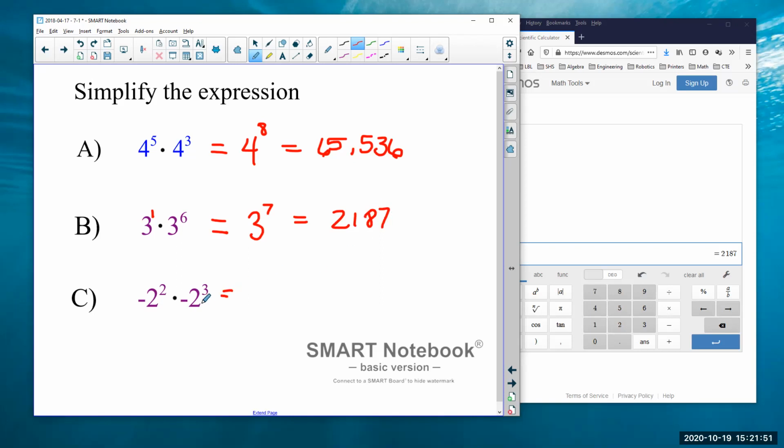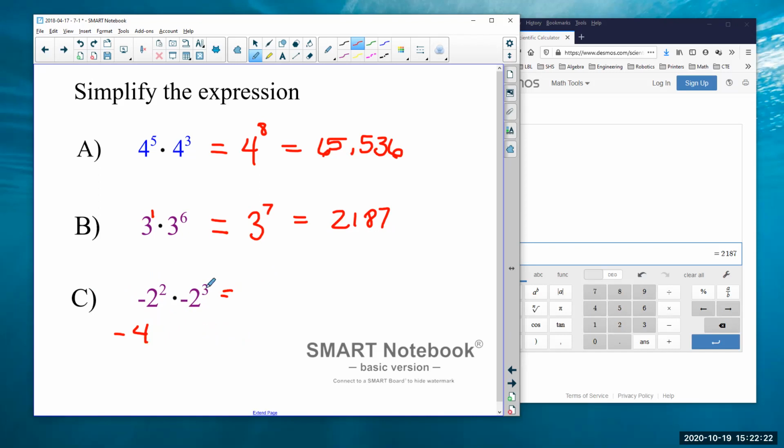And then the last one, this is kind of a trick again, okay? Think about what we talked about before. If I were to expand this out, this is negative 1 times 2 squared. 2 squared is 4, so negative 4, times, and then this is 2 to the 3rd power.